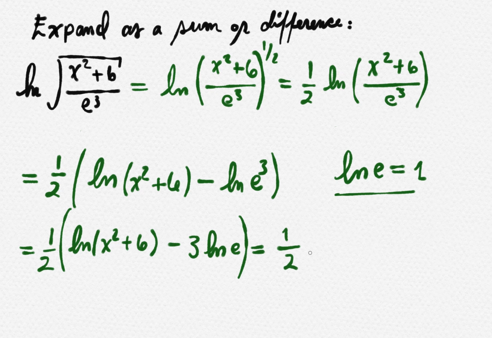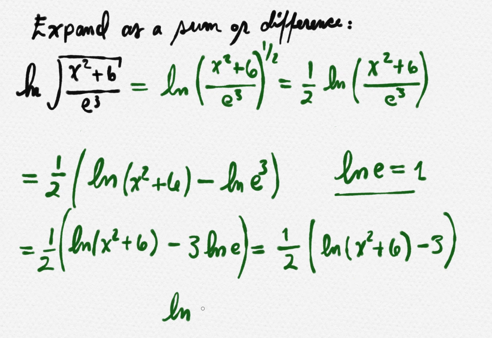We're going to get 1/2 as the log of x squared plus 6 minus 3 times 1. 3 times 1 is just 3. And then be careful at this step. You might be tempted to try to split this up by saying that this is like maybe the log of x squared plus the log of 6 or something like that, and this is not true. Right? So we actually don't have a rule that allows us to split up logarithms of sums.